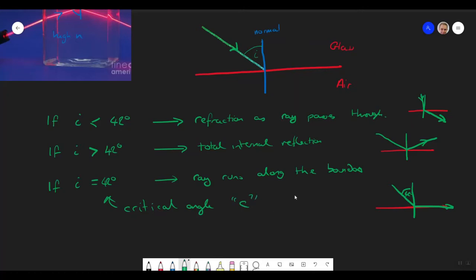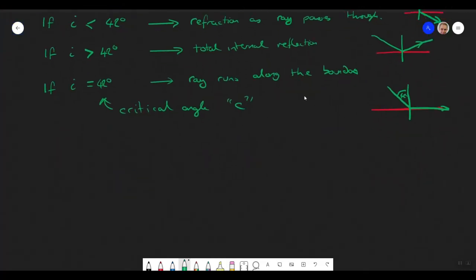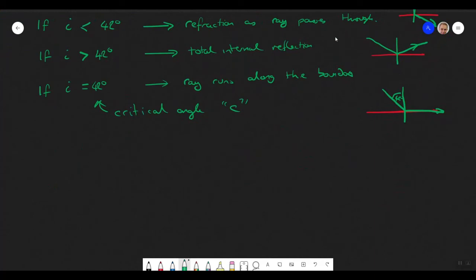Now, what we can do is see how that is related to something else we might have measured before, because different materials have different critical angles and they have different refractive indices.